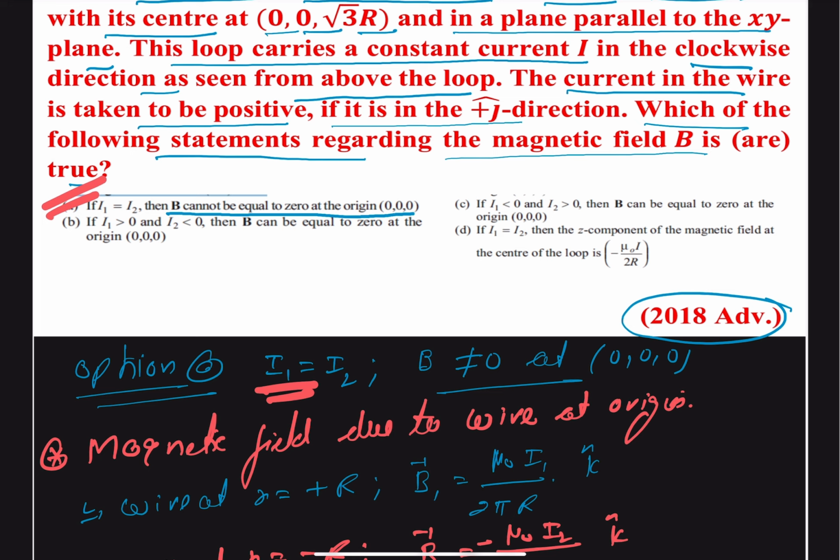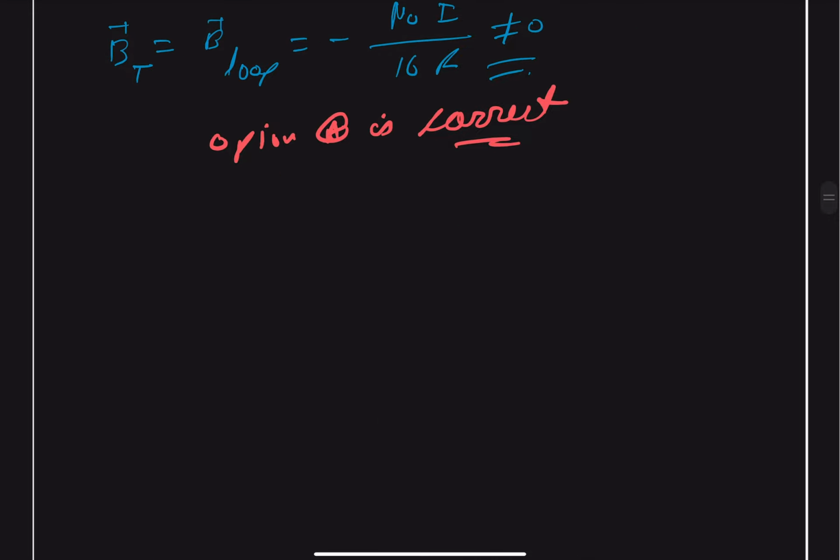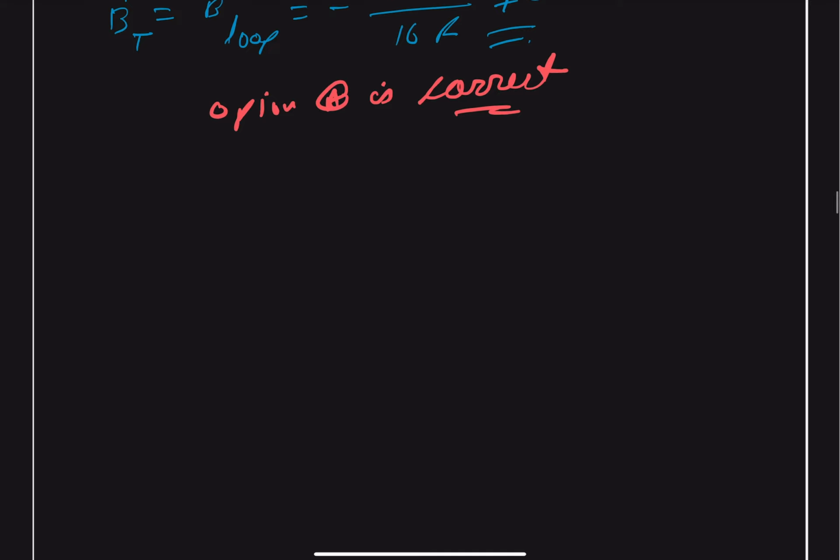Now we come to the second part, B, which states that if I1 is greater than 0, I2 less than 0, then B can be equal to 0 at the origin. So here for part B, because of the greater than and less than signs, the only thing that matters will be the direction of current. That's the most important part here.